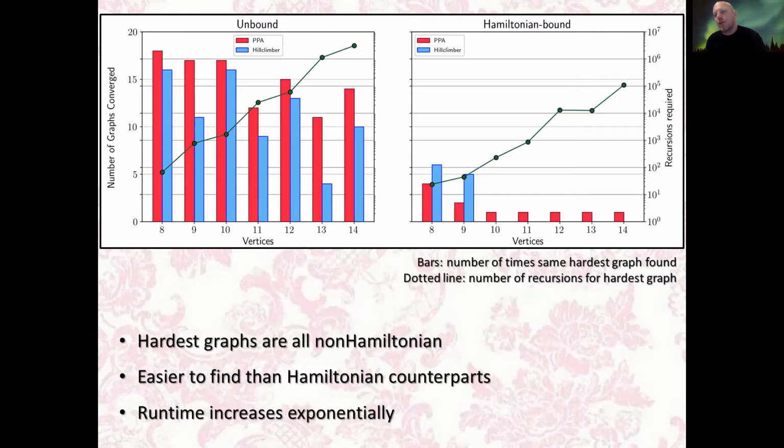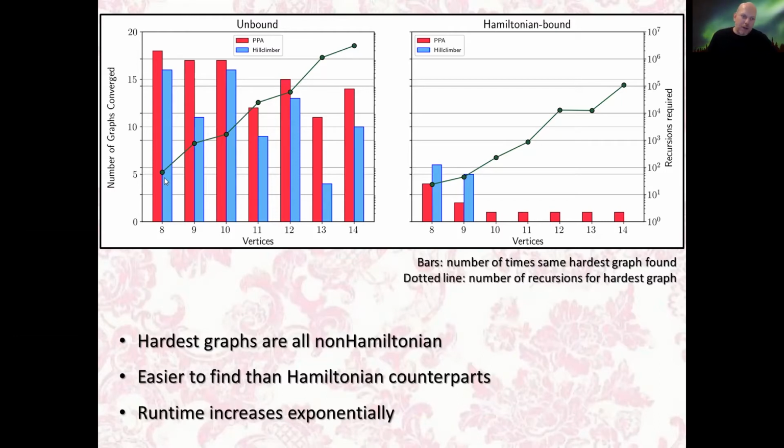But for the Hamiltonian bound experiment, these results were far less conclusive. So we have some good explainable results on the non-Hamiltonian side, but not on the Hamiltonian side, because those graphs are far less converged onto the same graph. And we don't steer these algorithms, they just steer themselves, right?